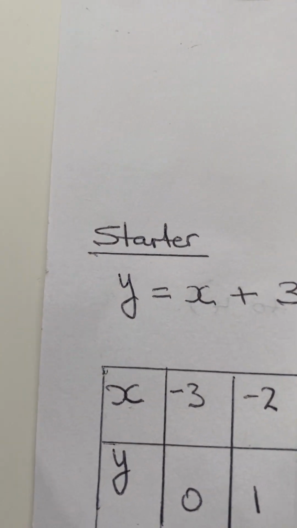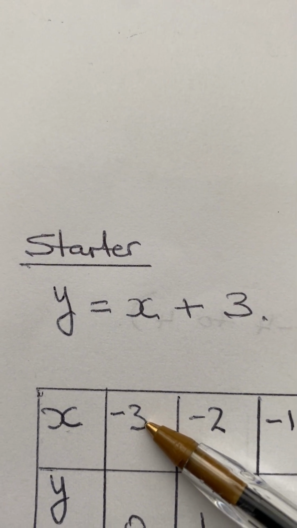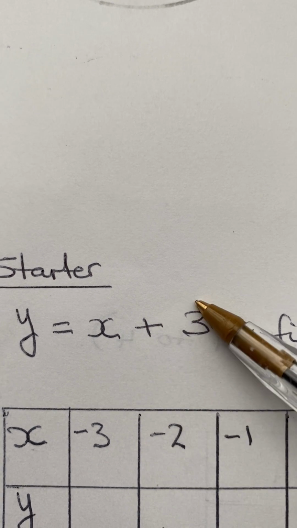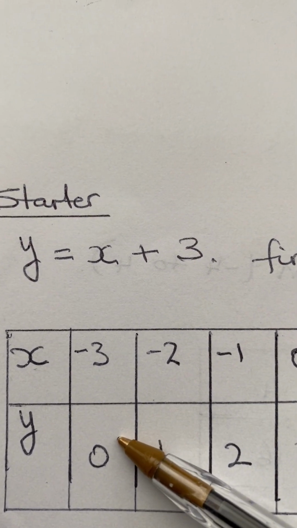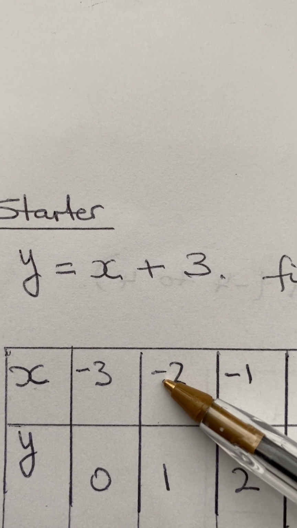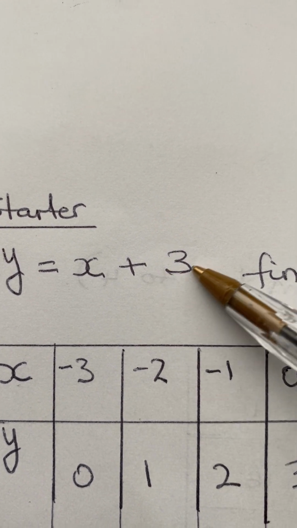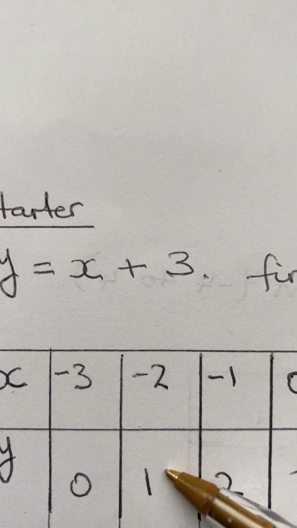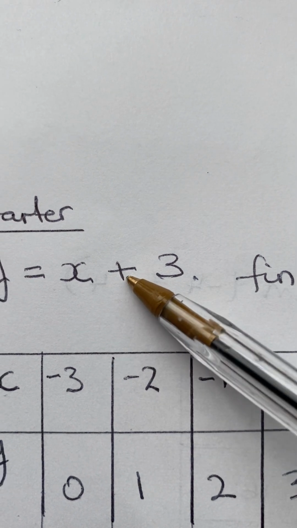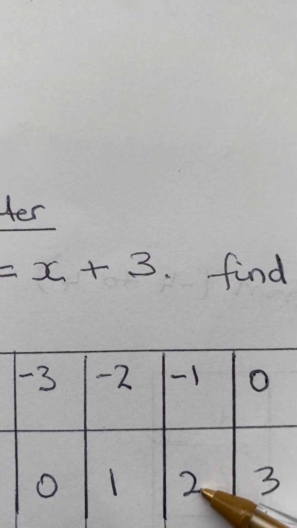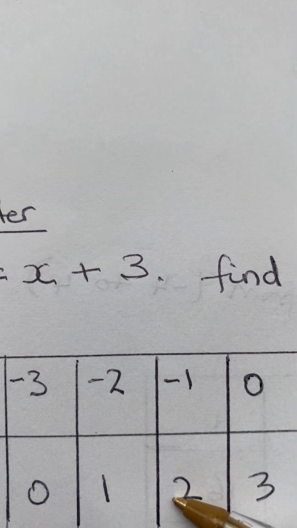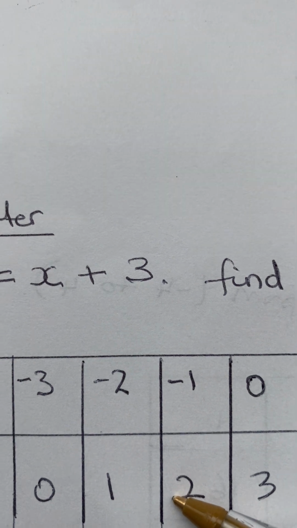Now when x is minus 3, minus 3 plus 3 is 0. When x is minus 2, minus 2 plus 3 is 1. When x is minus 1, minus 1 plus 3 is 2. Our work on integers is becoming very handy.